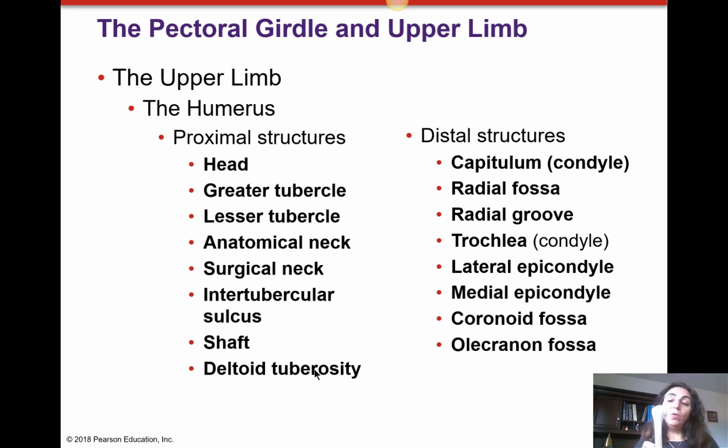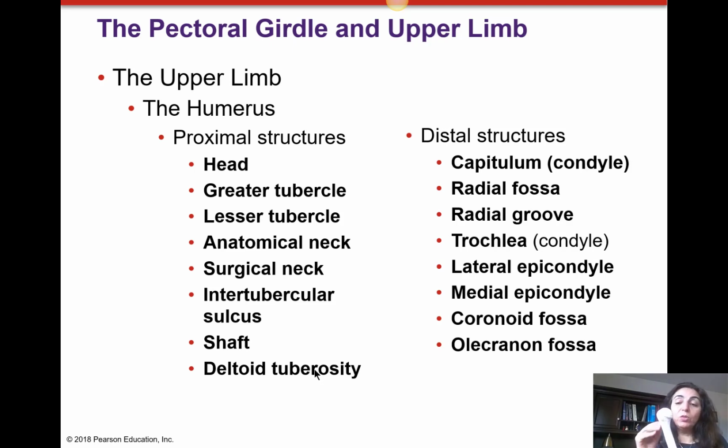The other things that we have over this superior part, if you look at here, you see that after the head you have a neck here. That's the anatomical neck of the humerus. But the humerus has a surgical neck too.